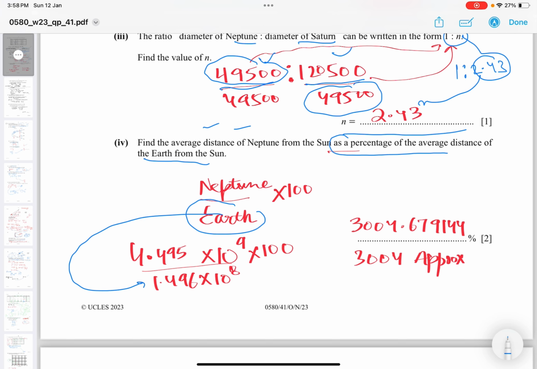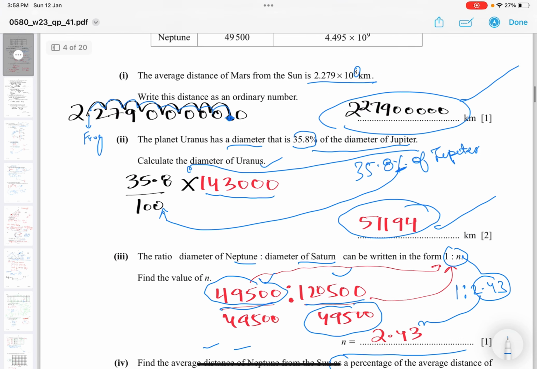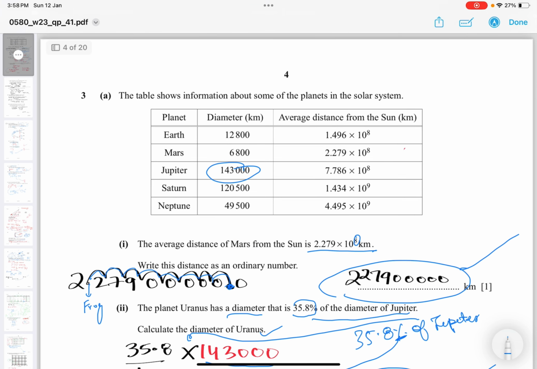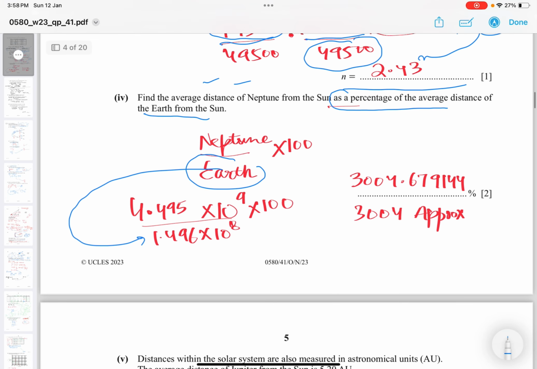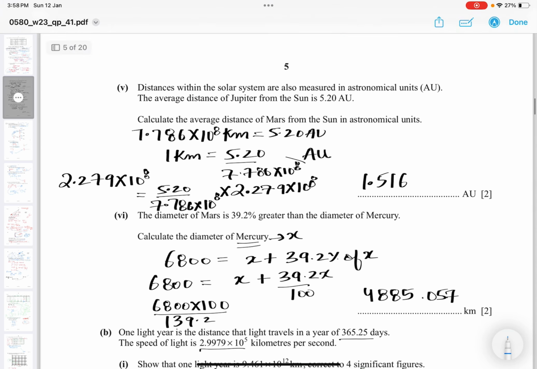That is 1.496 into 10 to the power 8, as you can see from here. So how do we find the percentage? First, we have to find the fraction. First, we have to compare, then multiply the fraction by 100. So we are comparing Neptune with Earth, and then we'll multiply it by 100, and we'll get the answer like this. That is 3004 approx.